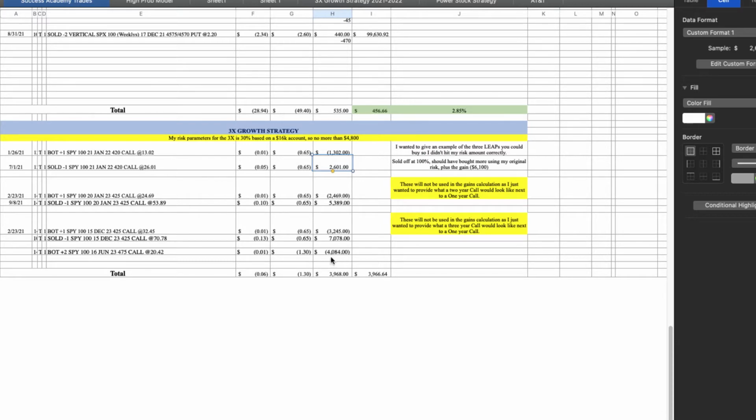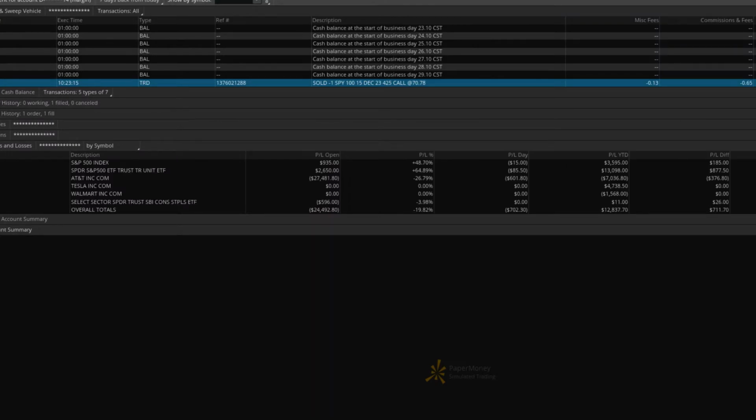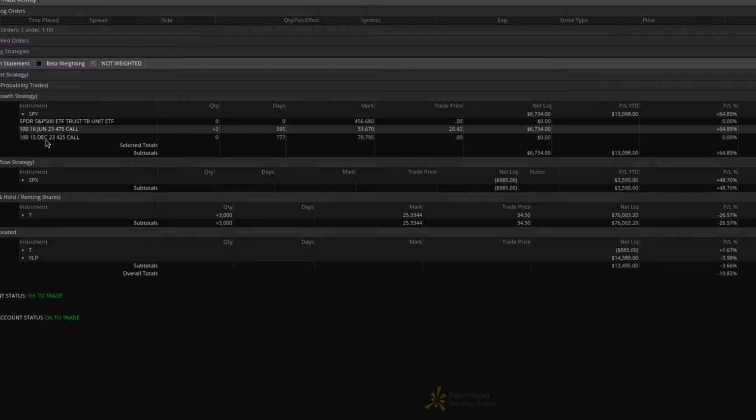But you can see now, okay, let's go over to our monitor tab here and take a look at the last call option, the one from the original 1 year dated call option. When I reinvested, I went a little farther out though.